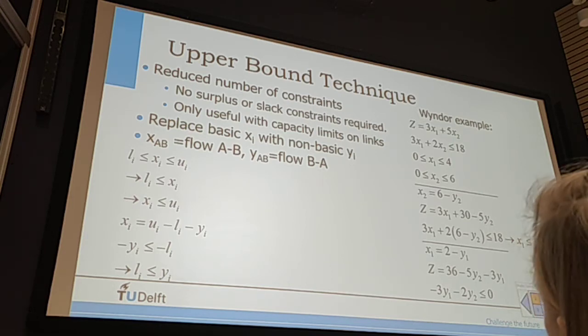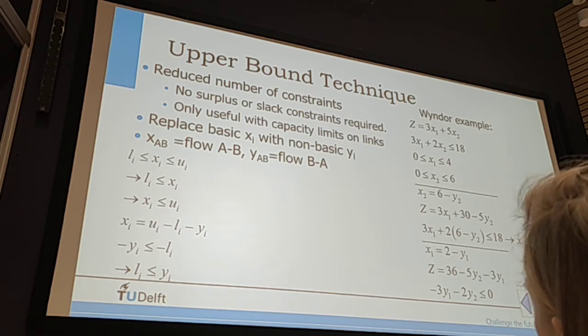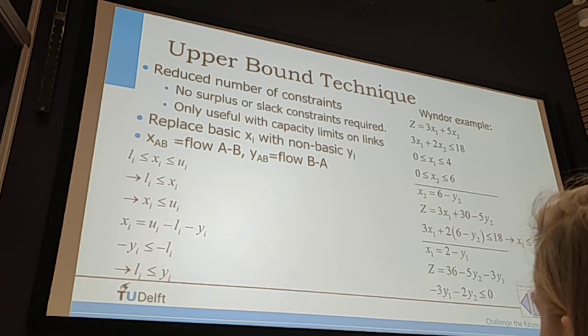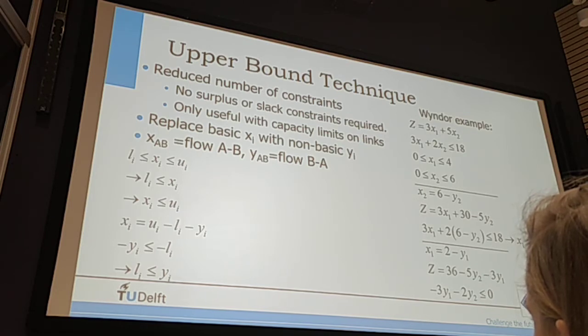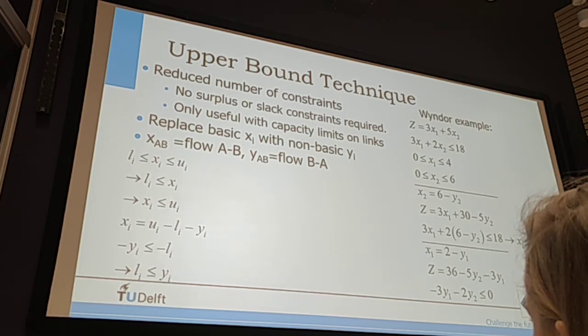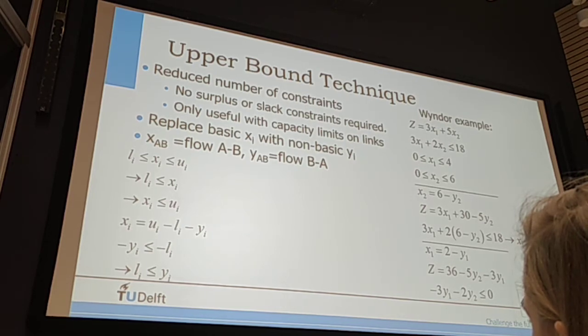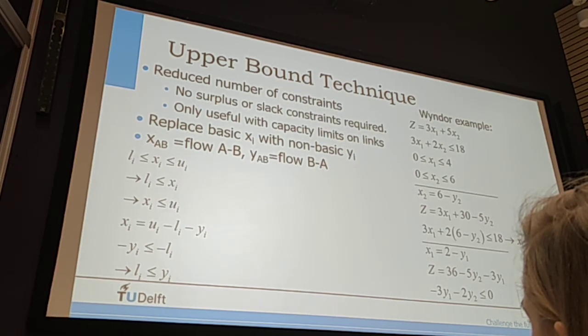So we can replace it with a reverse flow, which is then 0, which is non-basic. So we can replace a basic flow with a non-basic flow. A fully utilized flow, we cannot add any more to that. So if we take the reverse flow, it is still non-basic, so it has a value of 0.